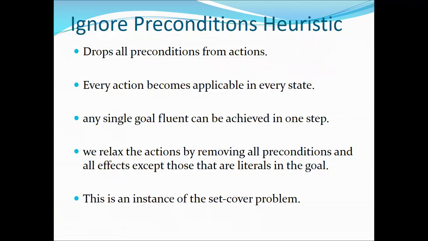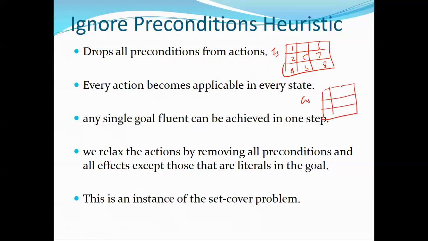If you are wondering how it is possible, if you recall the 8 tiles problem, we discussed something like this. Say there are 8 tiles, 1, 2, 3, 4, 5, 6, 7, 8.